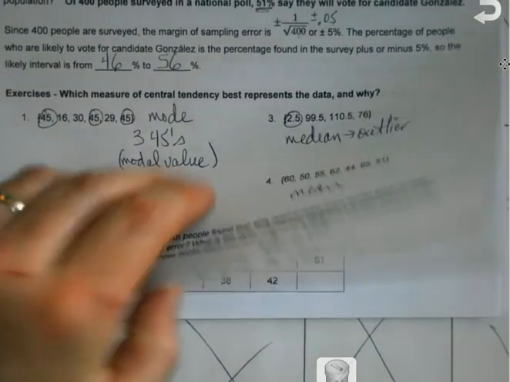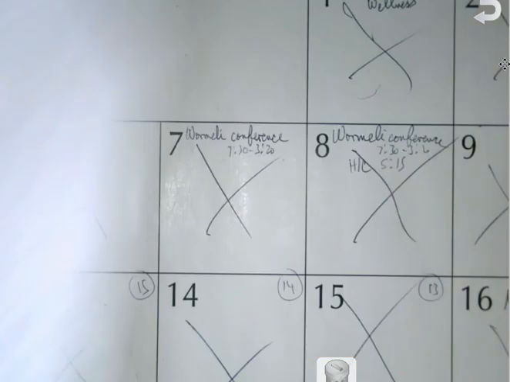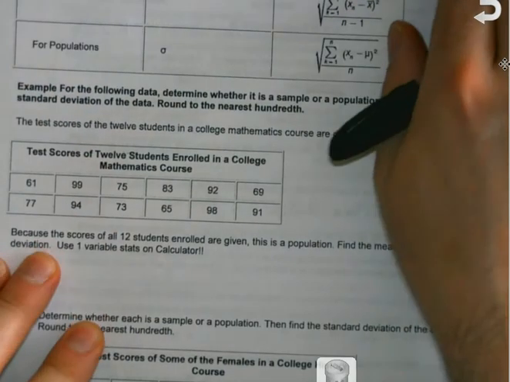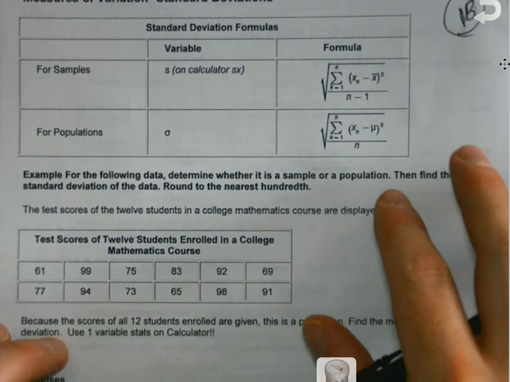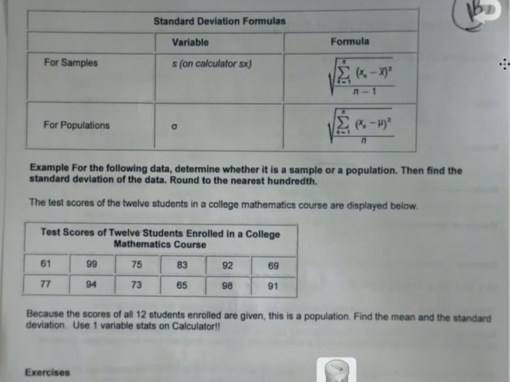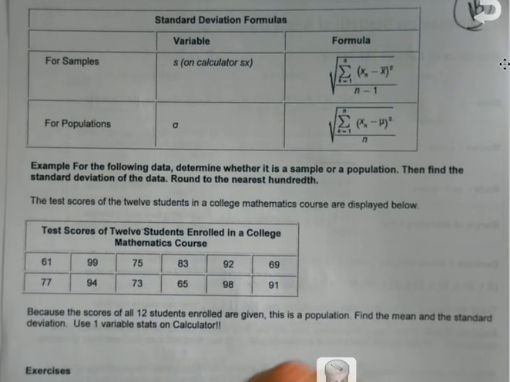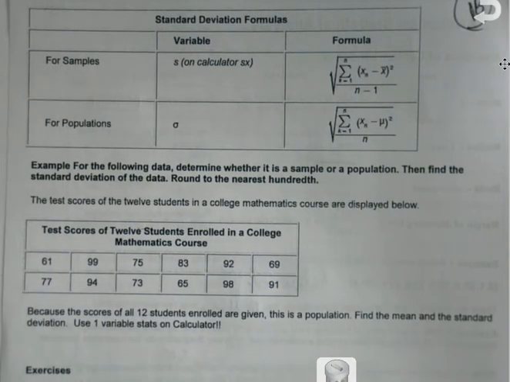And then our only other deal for today is going to be talking a little bit about standard deviation. Now, there's these big fancy formulas. I'm not a big fan of actually having to use them, especially when we have technology available to help us out with this.